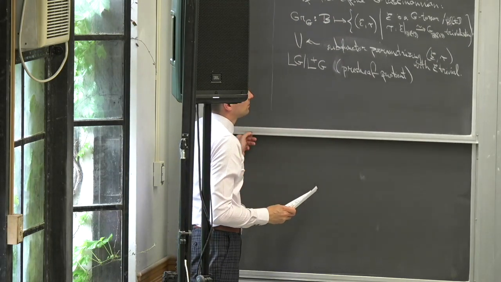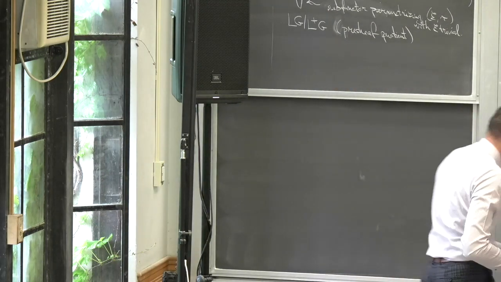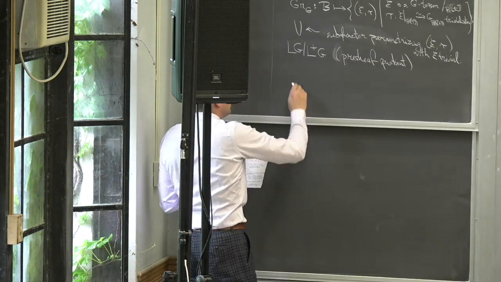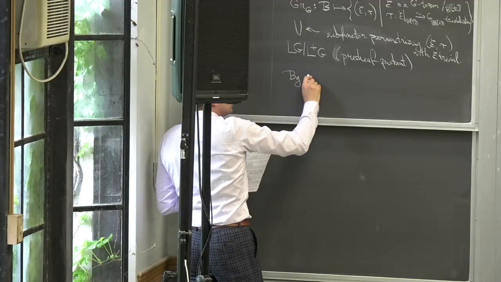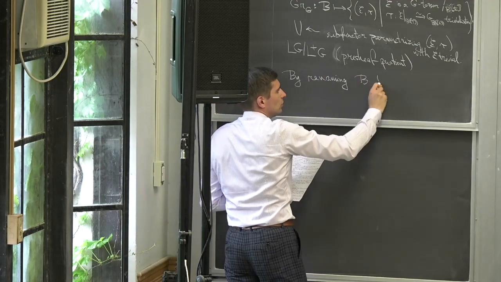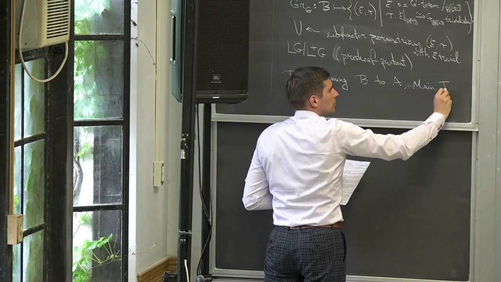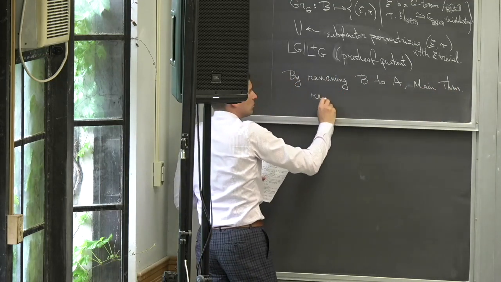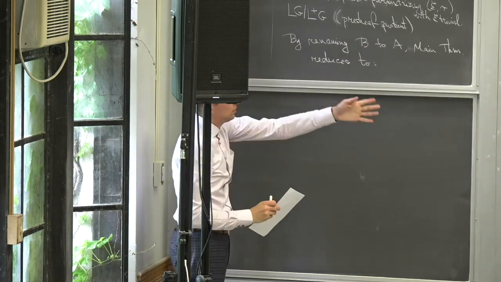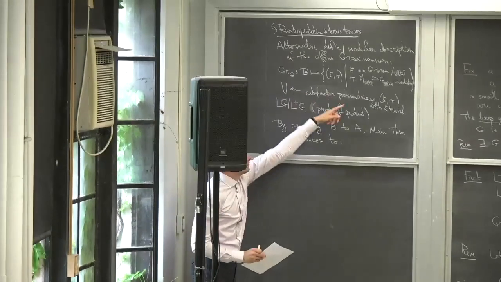And so in terms of this description, okay, by renaming E to A, the main theorem reduces to the following. Well, one can reinterpret what the main theorem is saying in terms of this modular description.